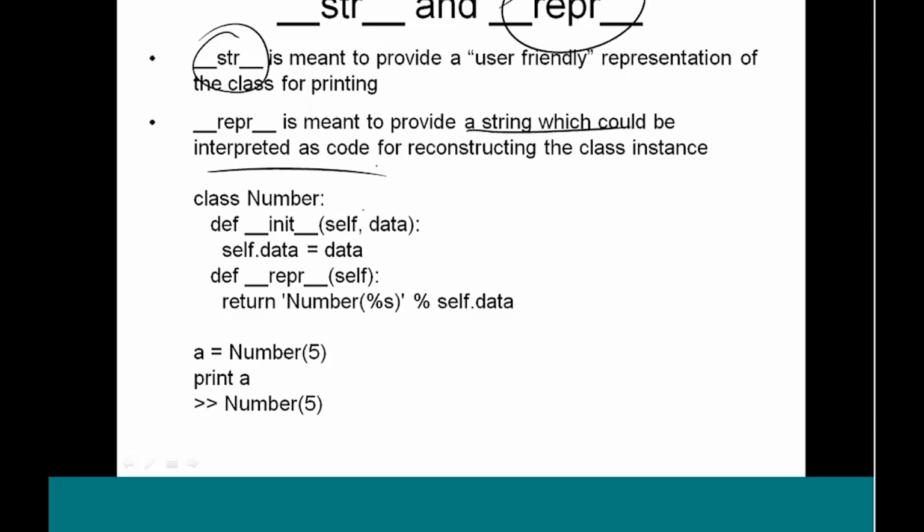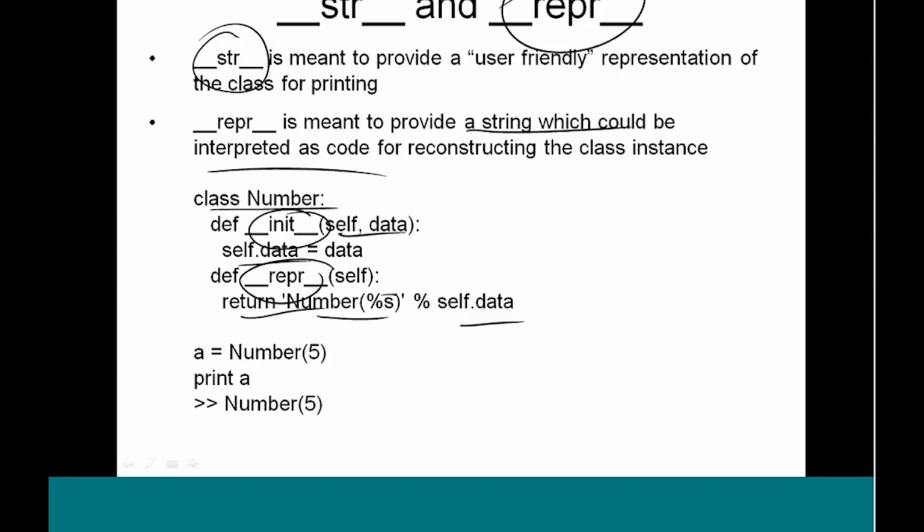So now here is one example. Here the class called Number, we define the function underscore init underscore self, data, and then self dot data equal to data, and then we define repr self, and then return Number with self dot data.